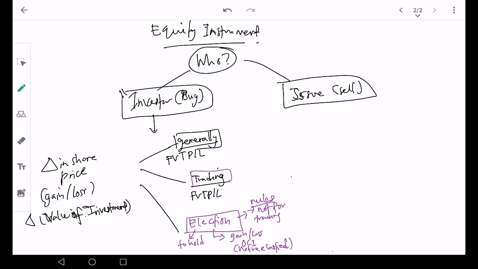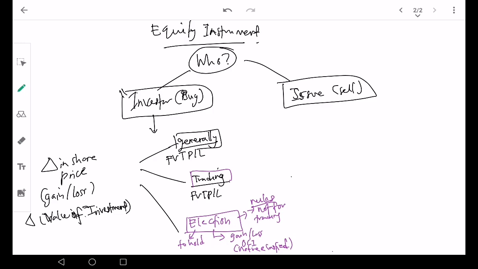Class, please write this. Why can the company not cancel the election once they have elected? If they could, unethical behavior would come. For example, the director would decide that any losses I elect, I put in OCI, and gains I put in P&L. You see?